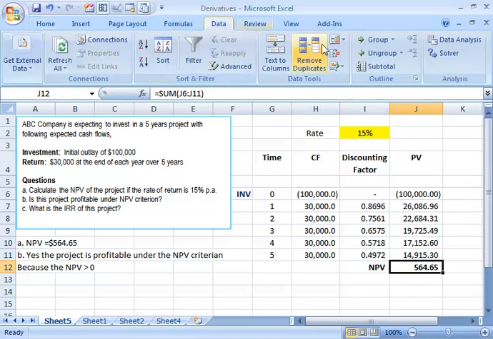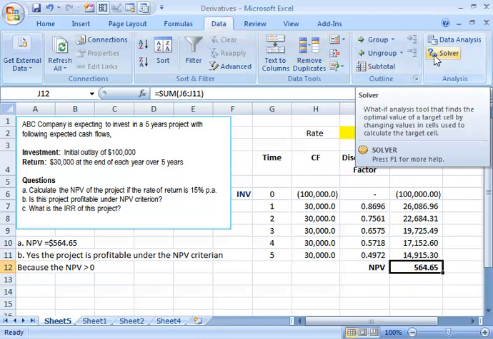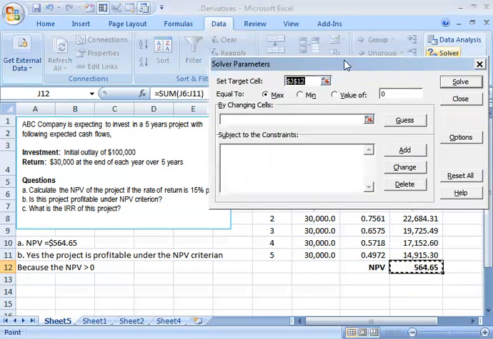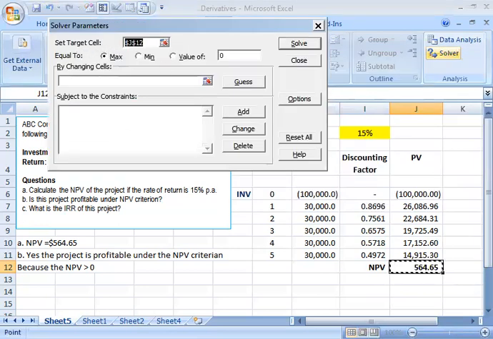Go to the Data tab and you can see Solver. So take Solver and the target cell is this cell. We want to set it to 0, not the minimum or the maximum, exactly 0.